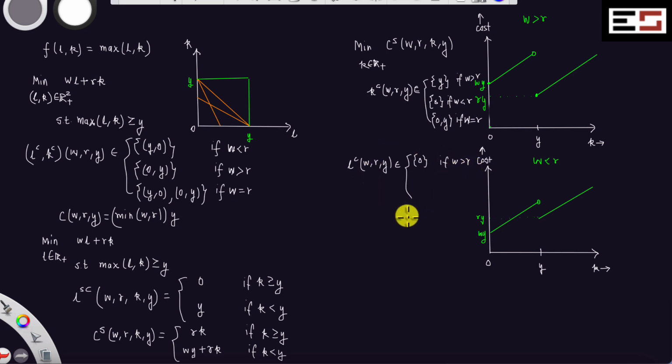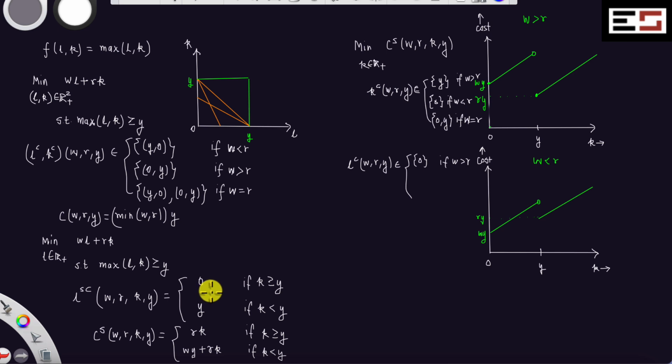Okay, and when w is less than r, k is 0. And when k is 0, then there are two possibilities: y is 0 or y is positive. In either case, it will be equal to y, because when y is positive, then 0 is less than y, and in that case the labor is y. And when y is 0, then this case applies, and labor will be 0, which is equal to y.